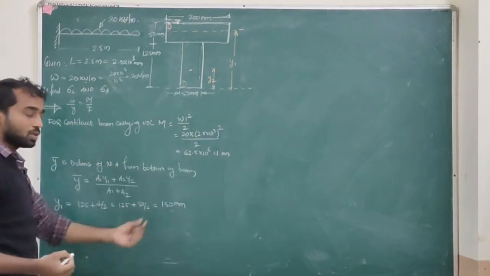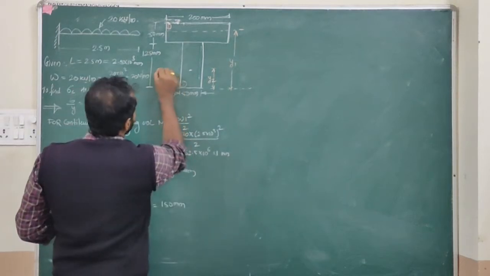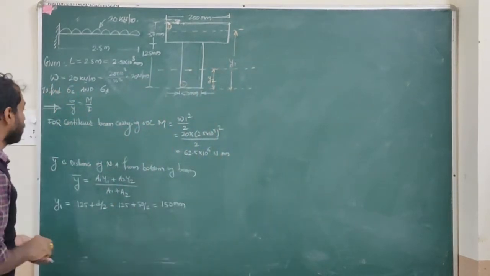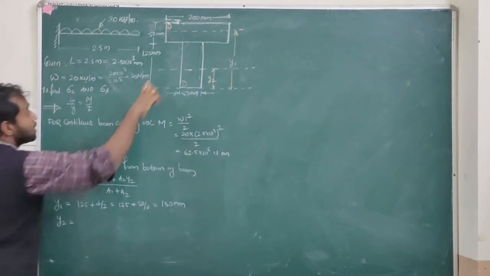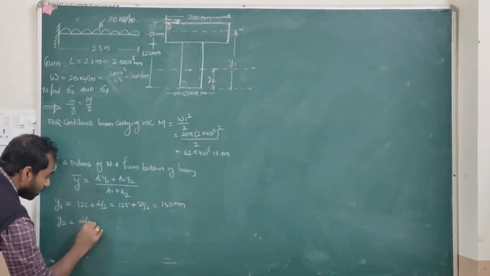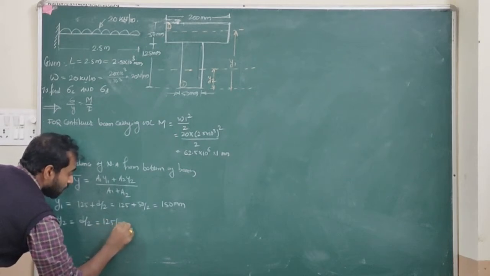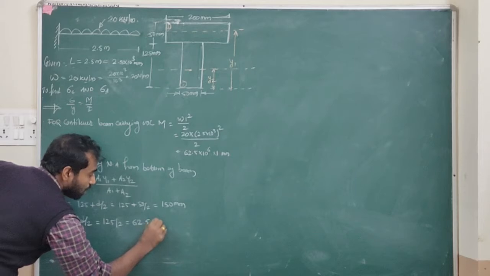Okay, 125 plus 25. Next, y2 is the distance of the center of gravity of the second element from the extreme bottom layer. As it is a rectangle, it is directly d by 2, which is 125 divided by 2, which is 62.5 mm.